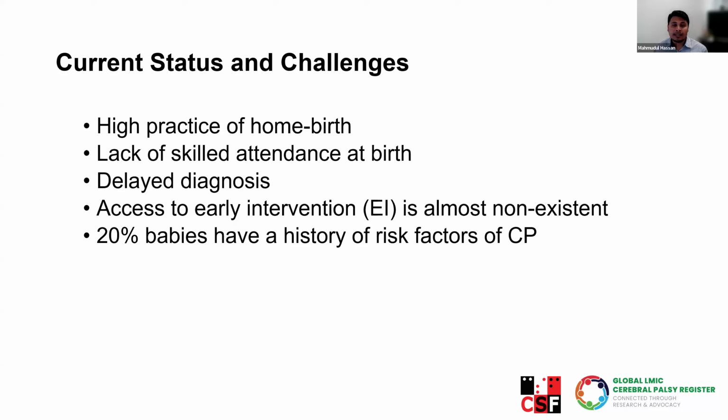Access to early intervention is very limited. Only 8% of the children recruited to the Bangladesh CP register receive services before their first birthday. There is also a high prevalence of risk factors for CP. For instance, 20% of babies have a history of preterm birth, low birth weight, or birth asphyxia. So the conventional hospital-based CP screening program is not pragmatic in this setting.